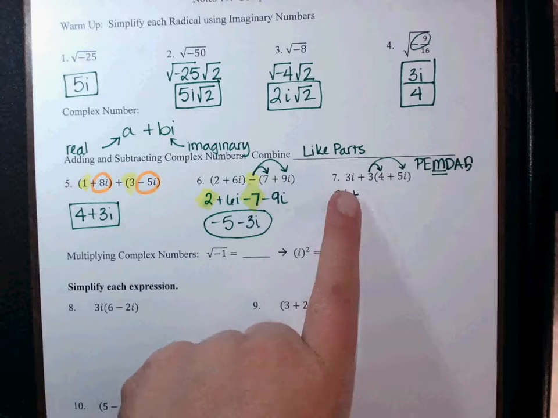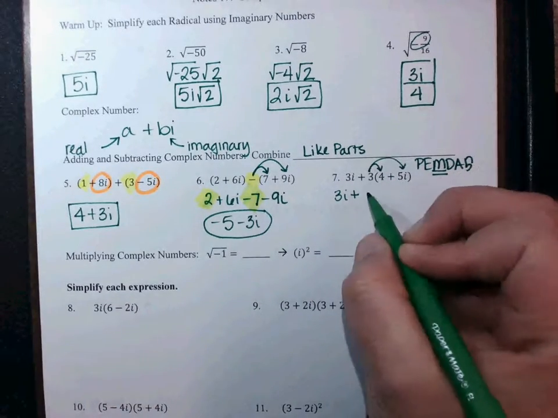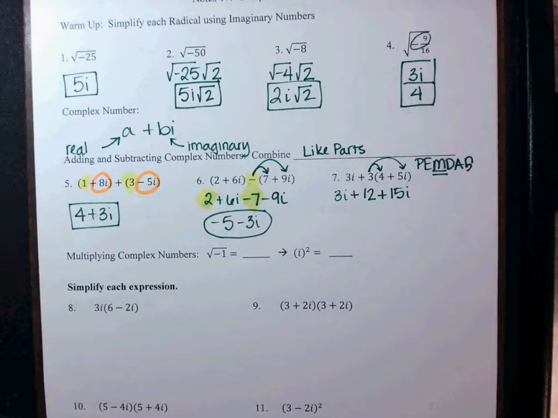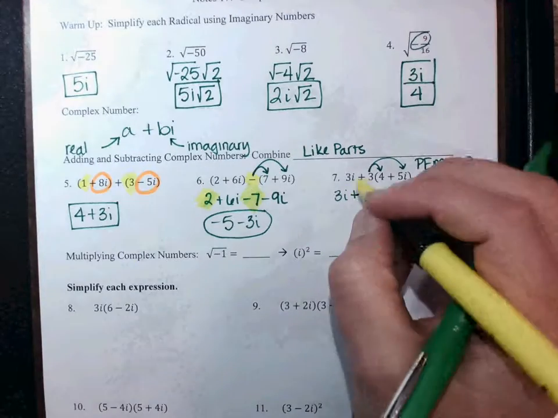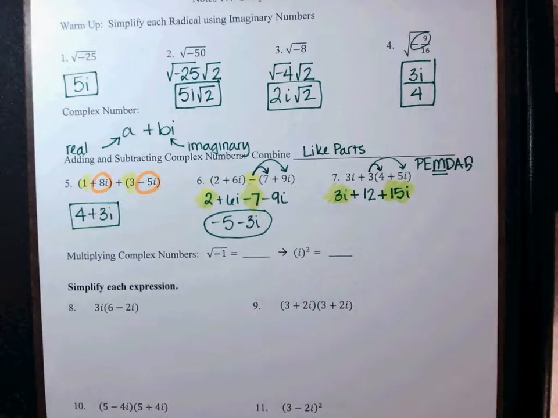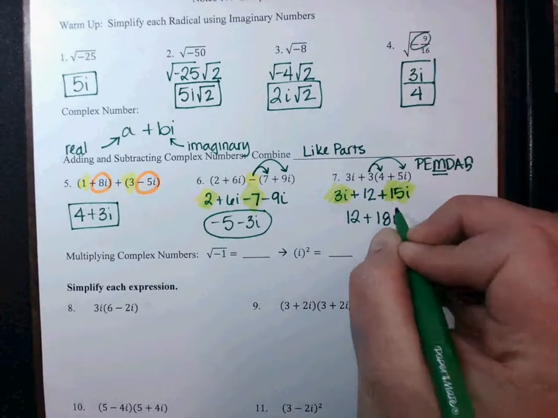So this 3i has to just sit at the front and do nothing for now. 3 times 4 is 12. 3 times 5i is 15i. Once I get it to there, which parts can combine? The i's. So I have a 3i and a 15i. How many is that? So I would put my 12 first and then my 18i second.